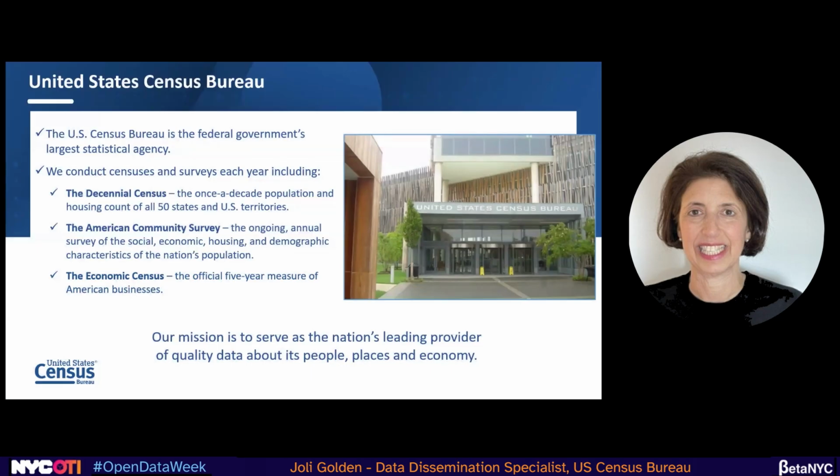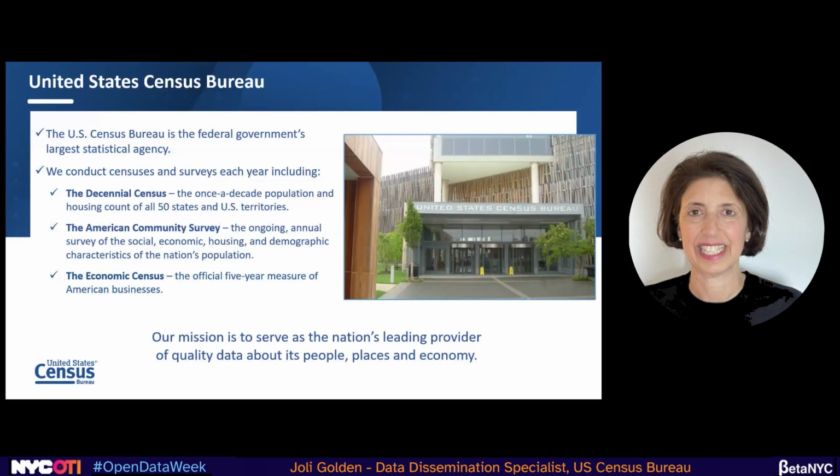While you may hear of many of the statistics that we produce, some of them that are more well-known are actually ones where we collect the data. So we have the offices, the people on the ground, the mechanisms for reaching out to people and randomly sampling the nation. And we often turn that data over to other agencies.